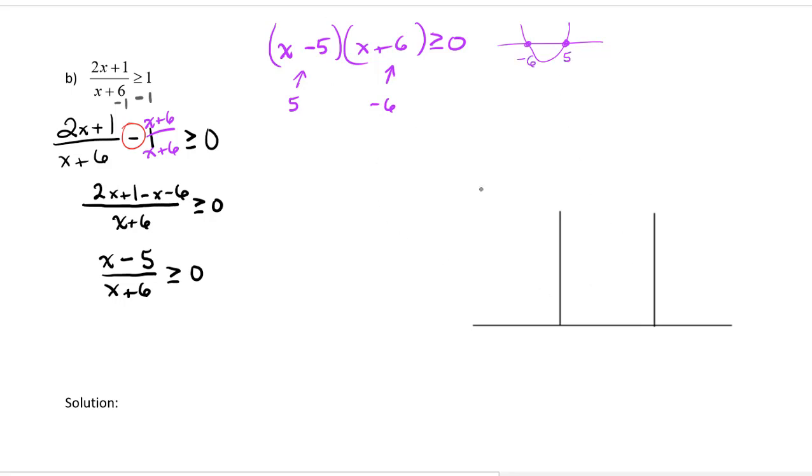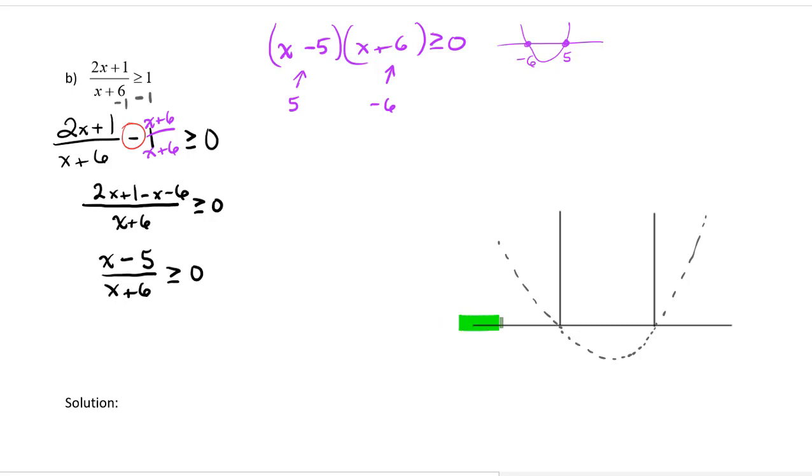So if I sketch this, I'll have positive values to the left of negative 6, negative values between negative 6 and 5, and positive values again as outputs from 5 to infinity. Remember, I'm dotting this line because this is not necessarily the shape of the rational expression if we were to graph it as a function. But it does help me identify where the function is above and below the x-axis.